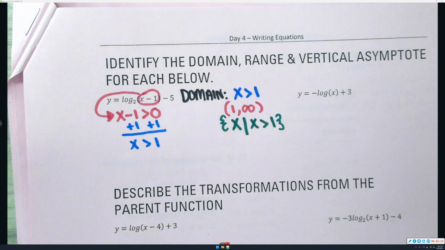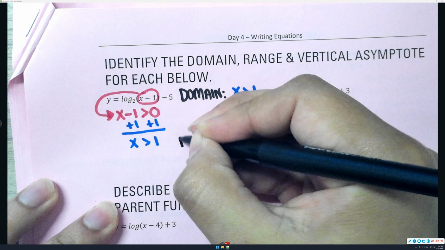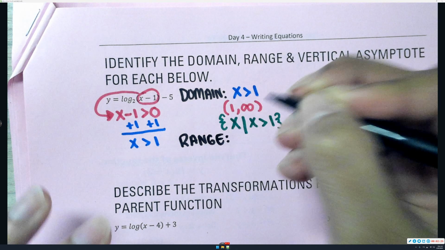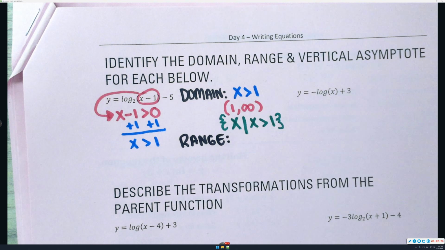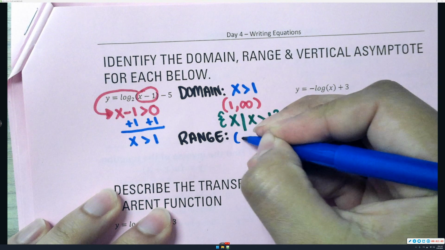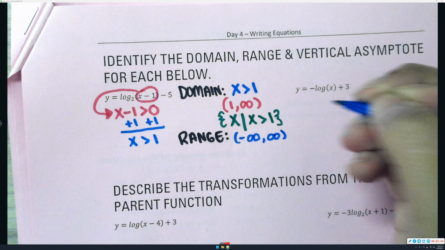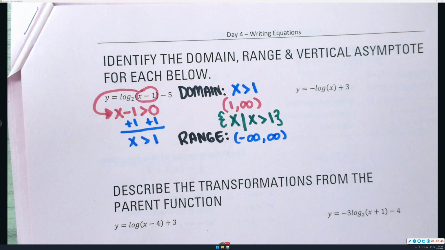From there, we will talk about the range. Write this down with me, we have three different notations. If you recall from our lesson yesterday, we mentioned that the range for all log functions will be from negative infinity to positive infinity. So down below, we're going to write down that the range is going to be from negative infinity to positive infinity. This is the interval notation.